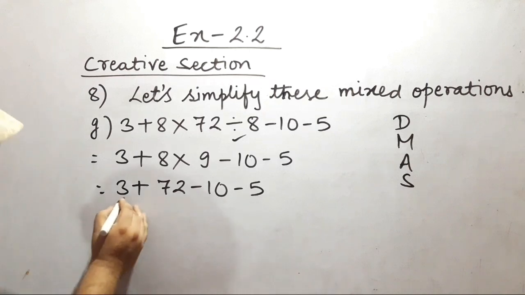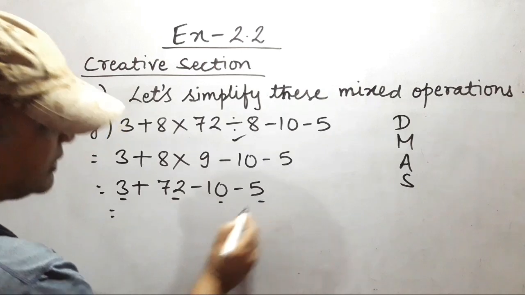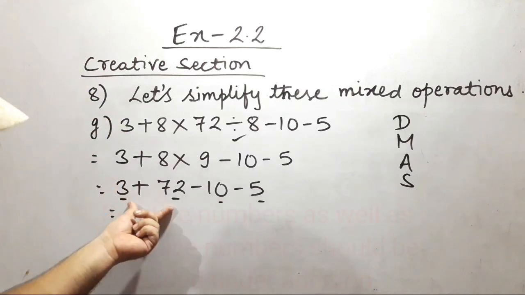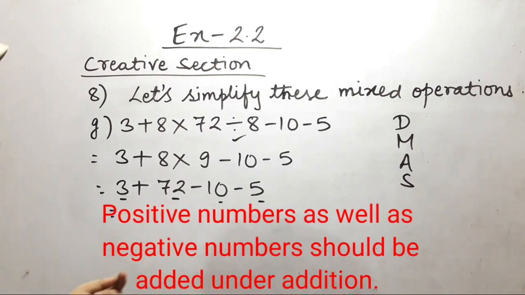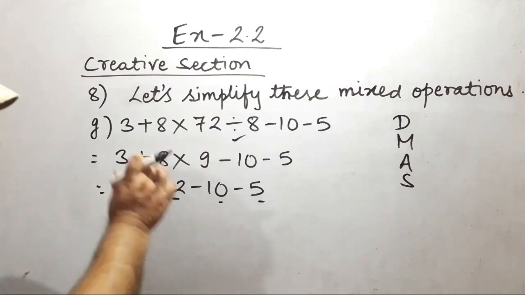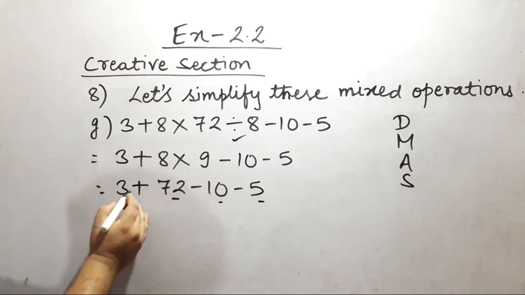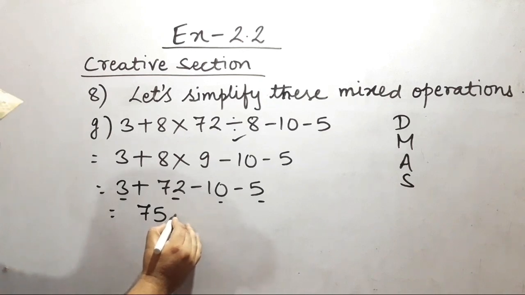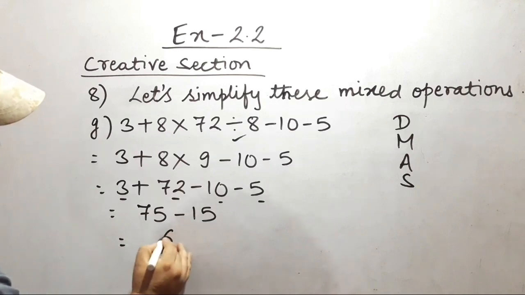These two numbers have positive sign and these two numbers have negative sign. Under addition, we have to add these positive numbers as well as negative numbers. It is not true that we should add only the positive numbers under addition. So 3 plus 72, 75, minus 10 minus 5, minus 15. 75 minus 15, we have 60.